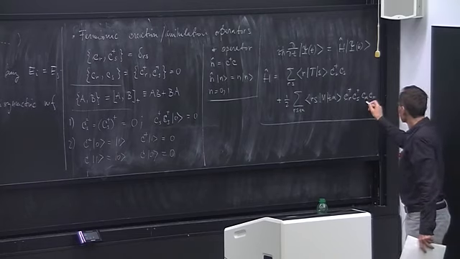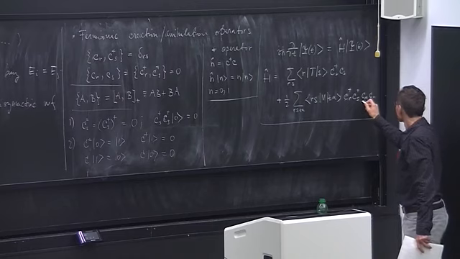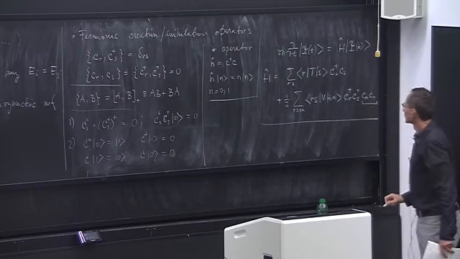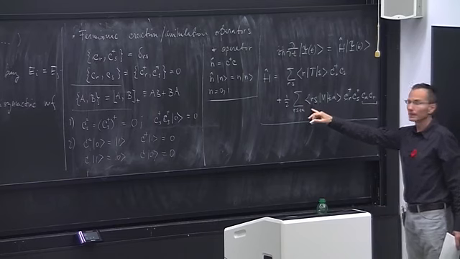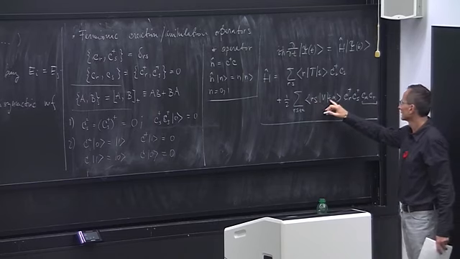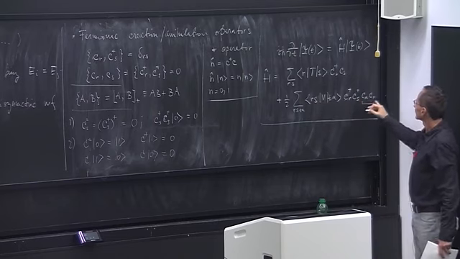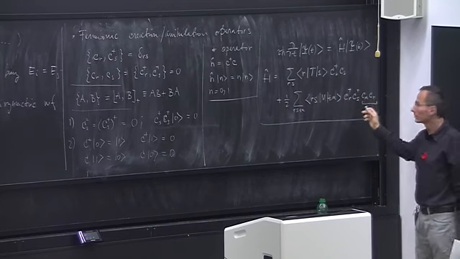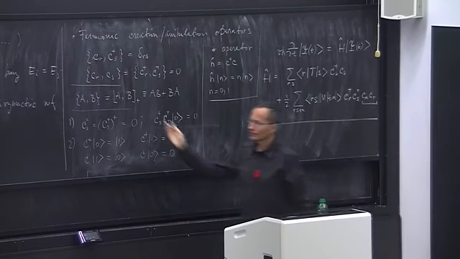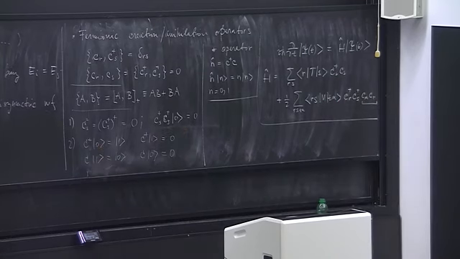Now, the important thing here is this ordering. So notice that the ordering in the matrix element is RSTU. The last two here are ordered in the opposite way. And that just comes from the details of the derivation.